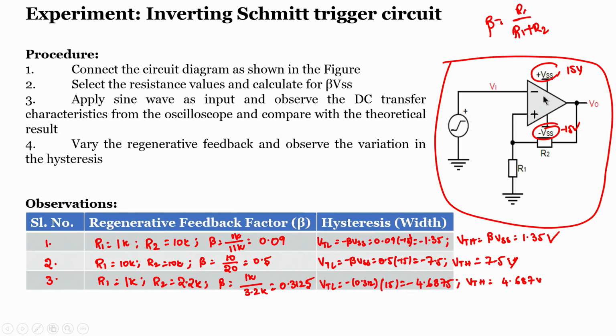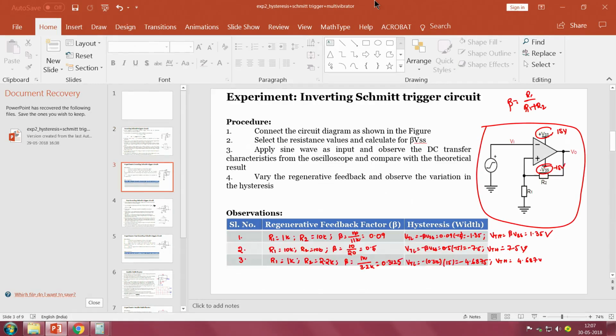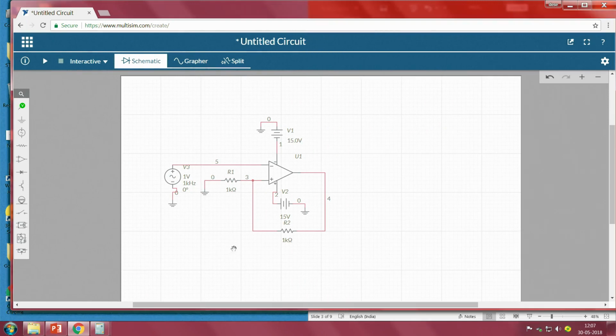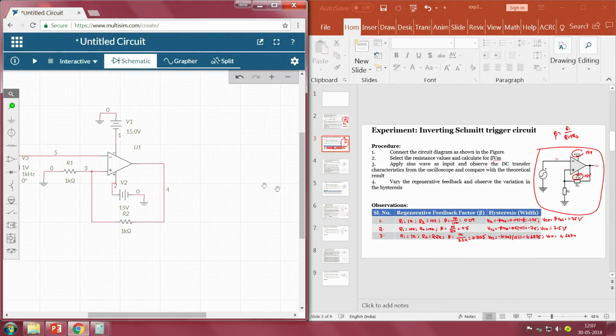See, the input voltage is to be connected to the negative terminal and R1 should be connected to the positive, right. So, we can see here, right. Now the resistance values: R1 should be 1 K, R2 should be 10 K. So, I will change this to 10 K.